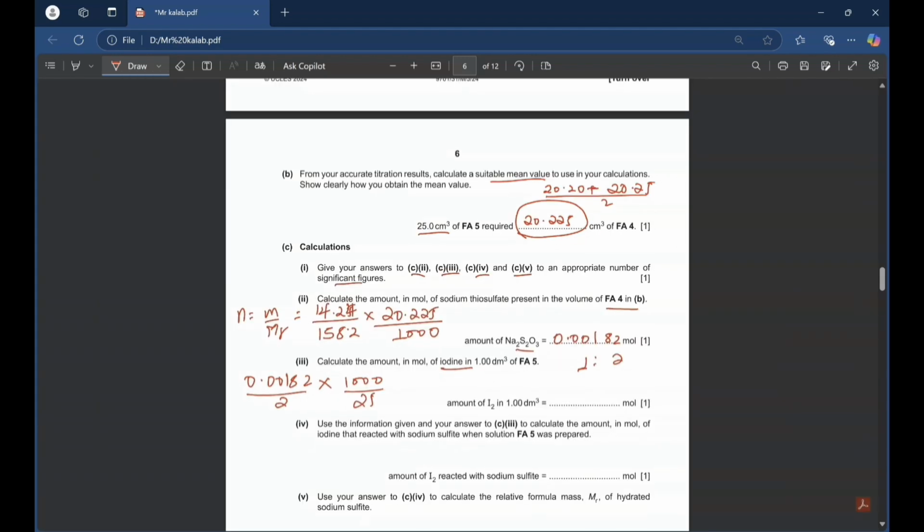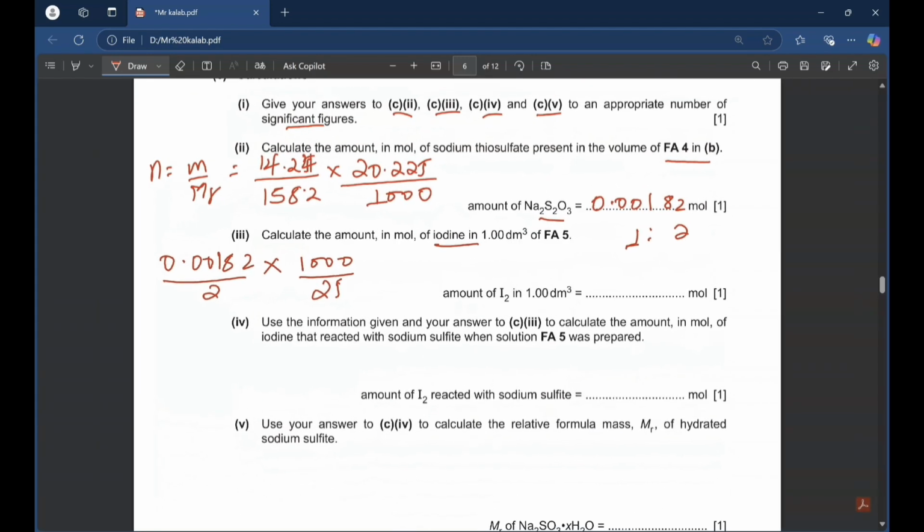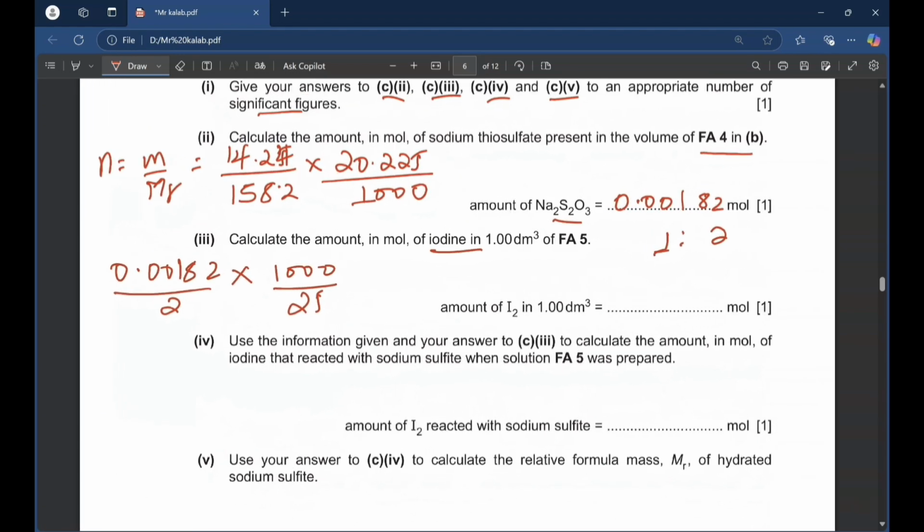But now we're asked to determine the mole of iodine in 1 decimeter cube. So if 0.00182 divided by 2 is for 25 centimeter cubes, to find the mole in 1000, I use this relation or proportion, okay? So this would be 0.0364. 0.0364 moles of iodine. Again, 3 significant figures.